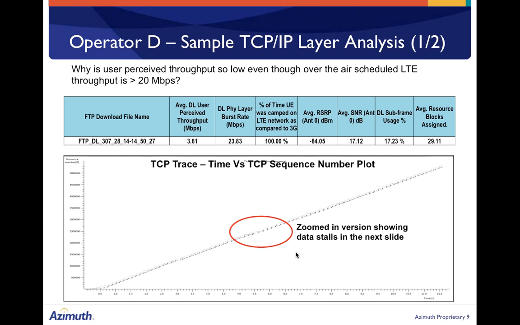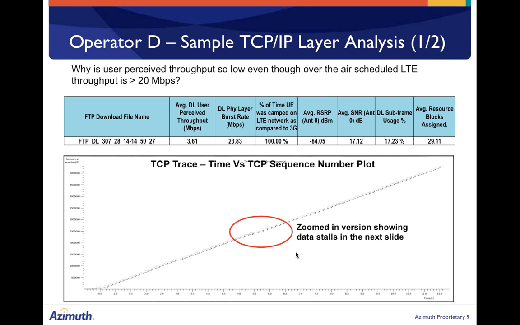And this is where we are showing a typical TCP trace analysis. What this TCP trace shows is that this is a 5 MB download, from 0 to 500 KB to 1 MB and so on, up to 5 MB. If you look at the TCP sequence numbers, how did data come in as time moved along?